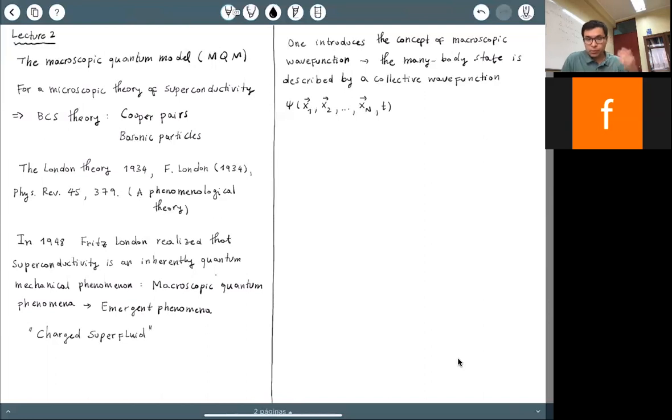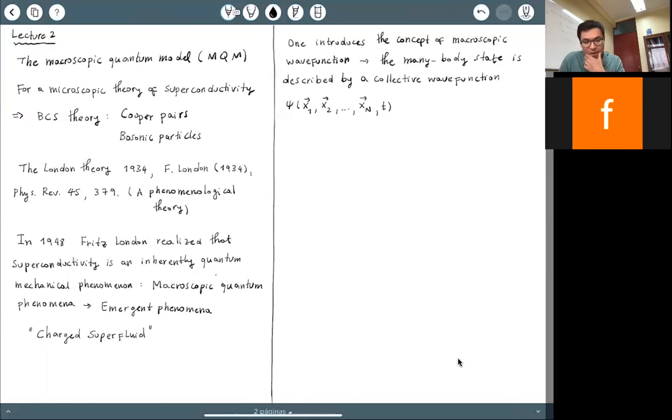Okay, this is important because there is some dynamics in the emergent behavior of a superconductor, and this is why we introduce the idea that the wave function may evolve, basically.